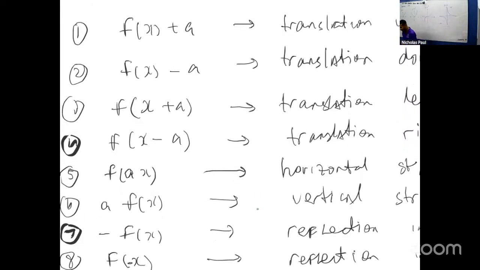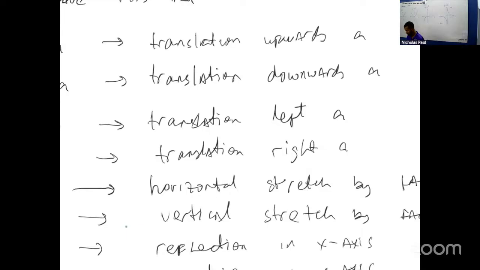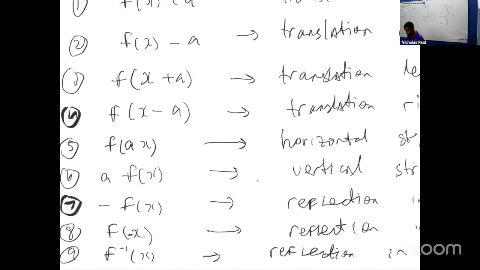Right, so as I said, f of x plus e, both in brackets, is shifting to the left. I have one missing, the one that's missing we did last.